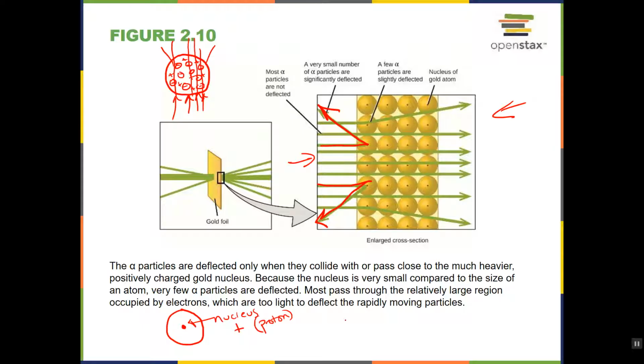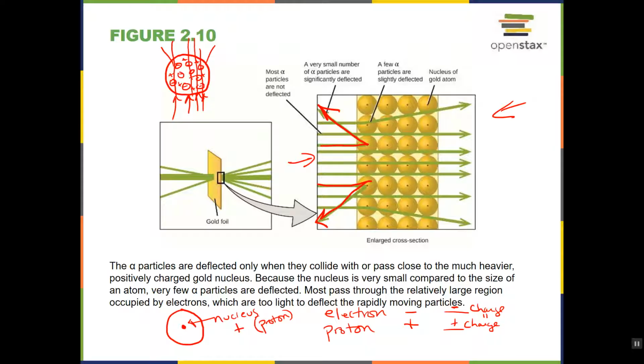And what they're able to identify ultimately, if the electron's negatively charged and they know its charge, and they find the proton ultimately has a positive charge and they know its charge, is that the positive charge of the proton and the negative charge of the electron are equal to each other.